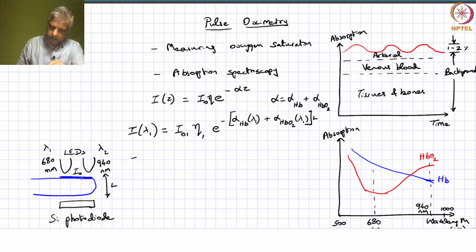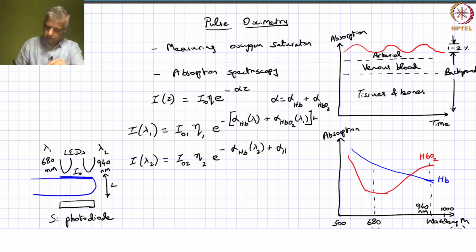Similarly, you can write another expression for lambda 2. So you have I naught 2 eta 2 e power minus alpha Hb at lambda 2 plus alpha HbO2 at lambda 2, multiplied by L.